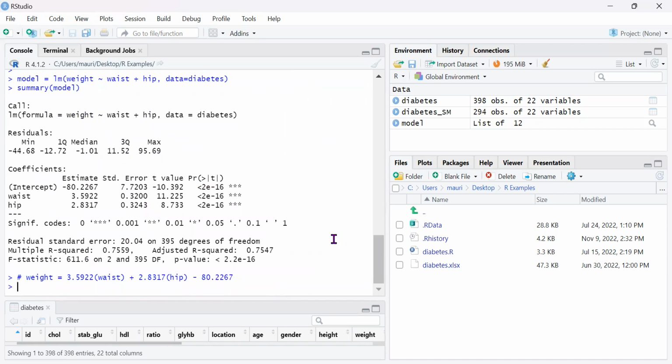This is what it means. And the reliability of this model is about 75.5%, which is actually pretty good.